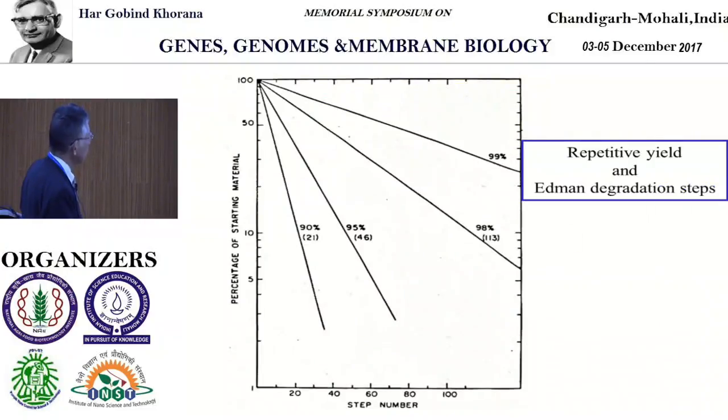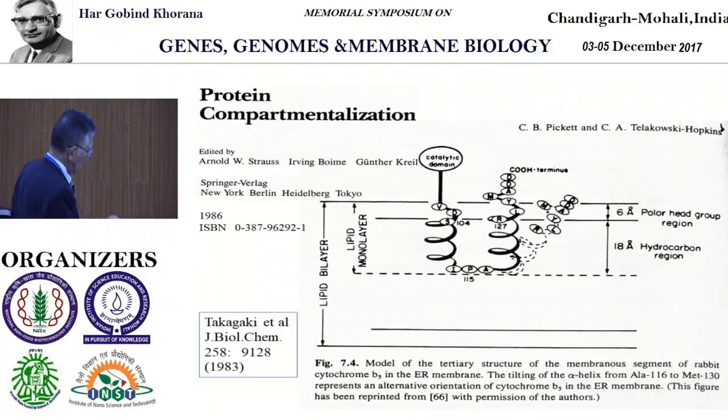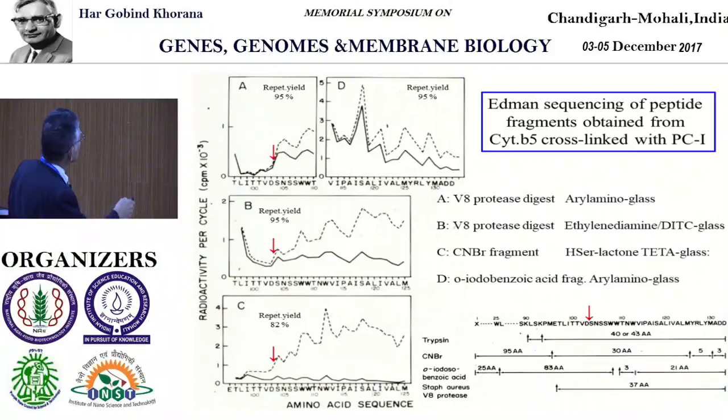Using this, the sequencer also has to be tuned up to get higher repetitive yield. Edman degradation, each step is not 100%. It could go up to 97%, but not more, and it's quite difficult to get up to 97%. I changed the tubings and lots of things, programs, etc., to get to 95% yield. So this was the original cross-linked product coming out of the machine.